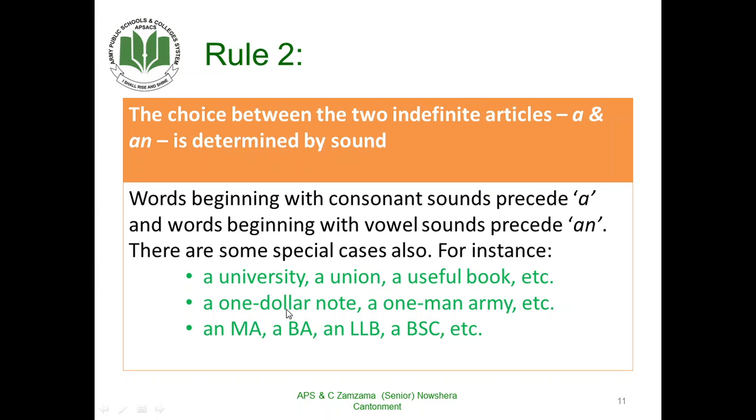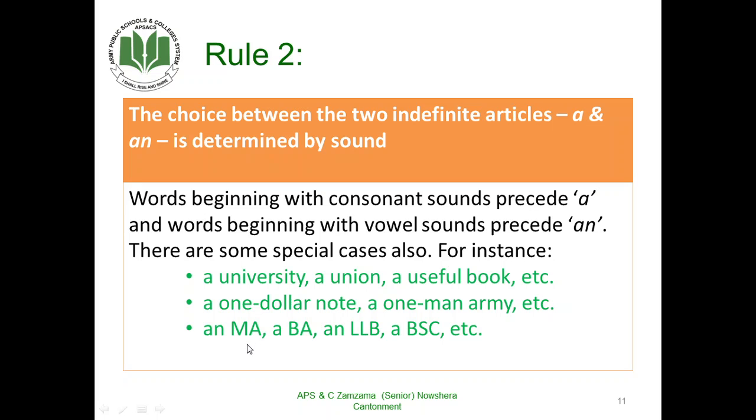Now, "a one-dollar note". Here, if you see, O is a vowel, but the word sound begins with a consonant sound, so we are going to say "a one-dollar note", "a one-man army", etc. Now come towards the next one, "an MA".